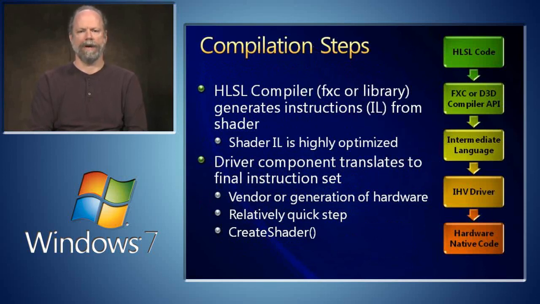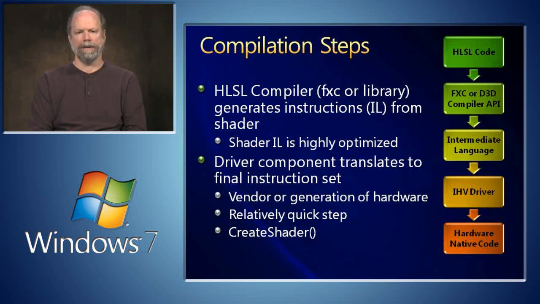So the compilation process is actually a two-stage approach. The first stage is to compile the HLSL code using either an entry point in our library or via an offline command line tool called FXC. This generates an intermediate language, the definition of which is owned by Microsoft. The optimization effort spent on this stage is very significant.